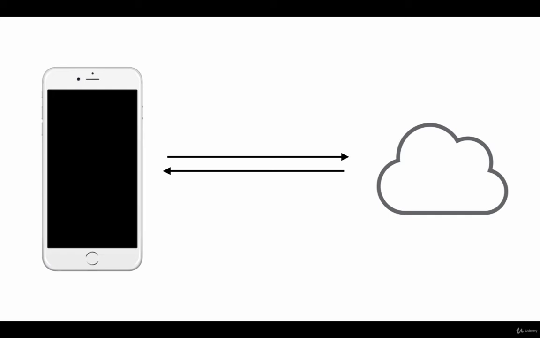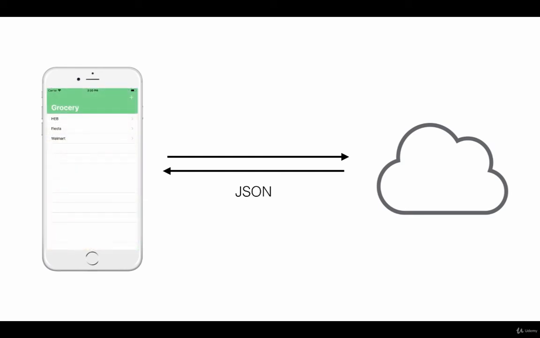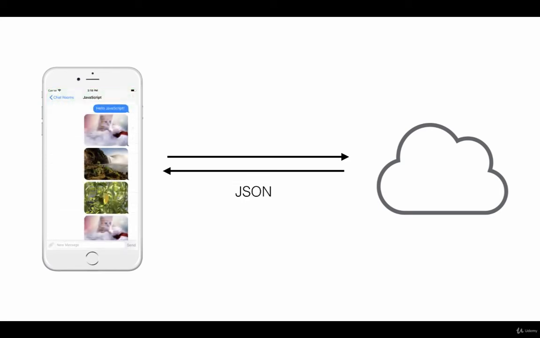Hopefully, this data is in the form of JSON, and using that data, the app can refresh and the app can display different things, like maybe annotations on the map. Or maybe even a grocery list with some shopping list and the grocery items. Or more complicated apps can also display the chat interface with text messaging as well as photos.